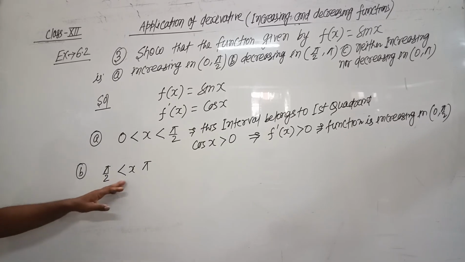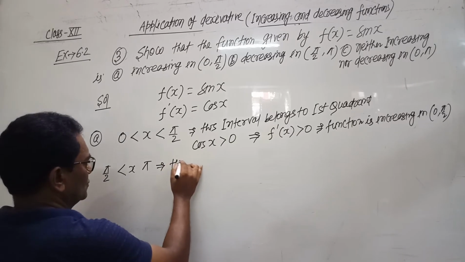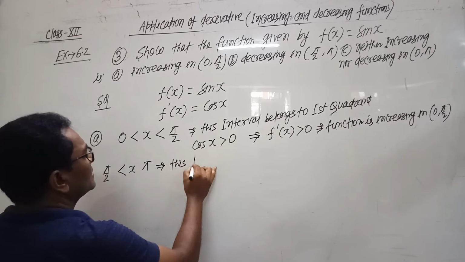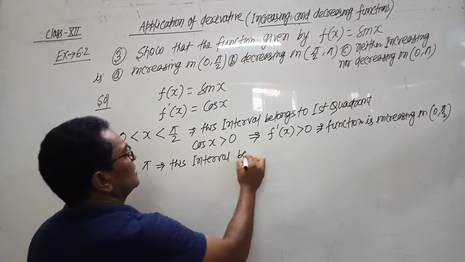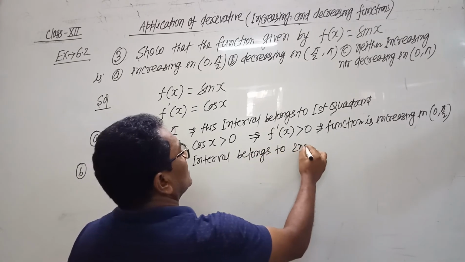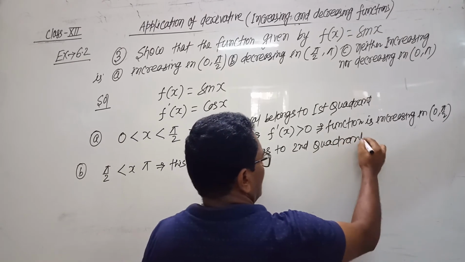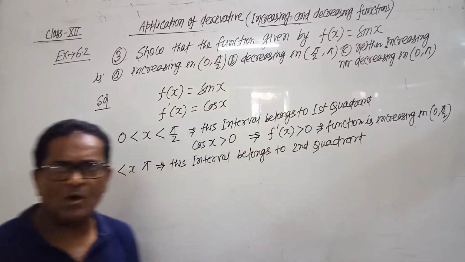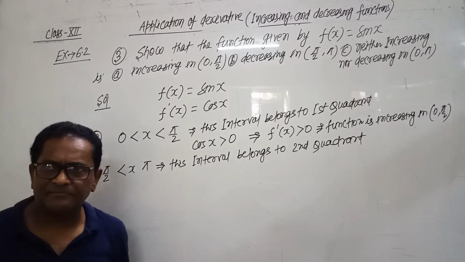The value of x lies between pi by 2 to pi, and this interval belongs to the second quadrant, and we know that in the second quadrant the value of cos x is negative.